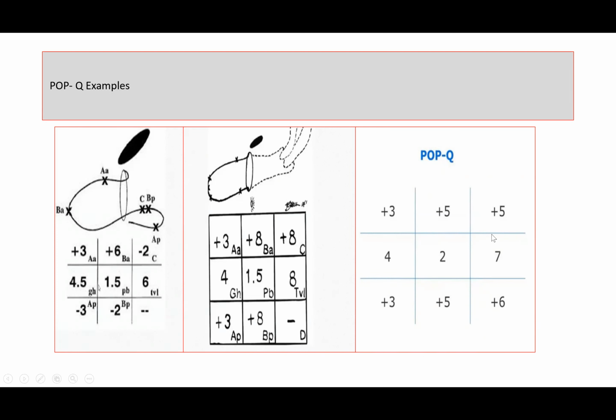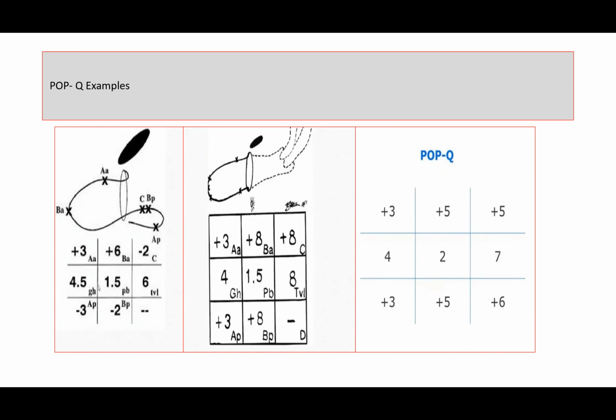So less than 7 minus 2, 5, less than 5. So this number is less than 5. This number is also less than 5. So this is, not most likely, this is stage 3 prolapse. Okay. So I hope I'm clear, and I've tried to make it as simple as possible.